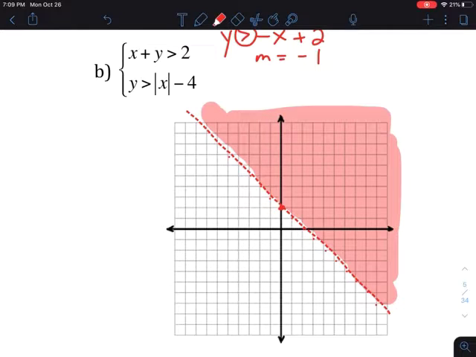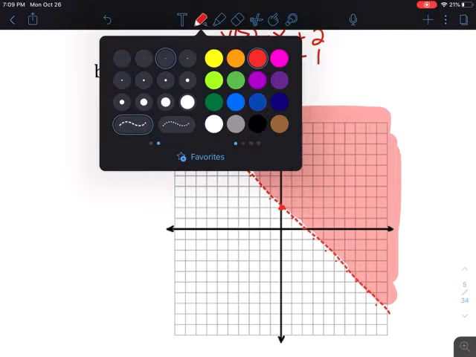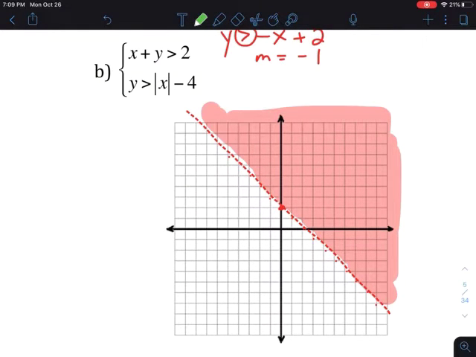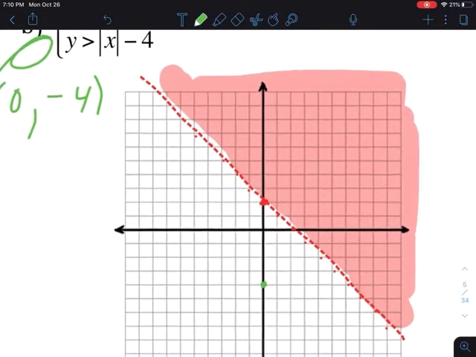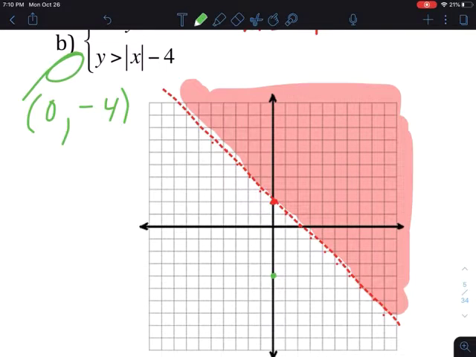Now I'm ready to move on to the second graph. I will do this guy in green. So the vertex, h is 0 because there's nothing in the absolute value. k is -4. So there's (0, -4). I've got to draw my V. Now the a is an invisible 1.